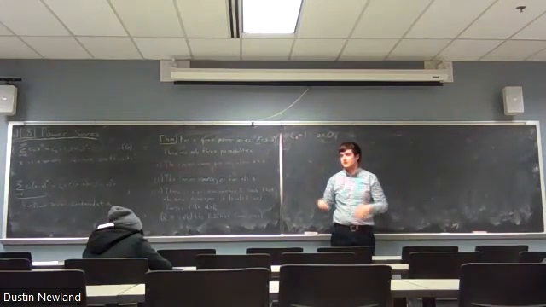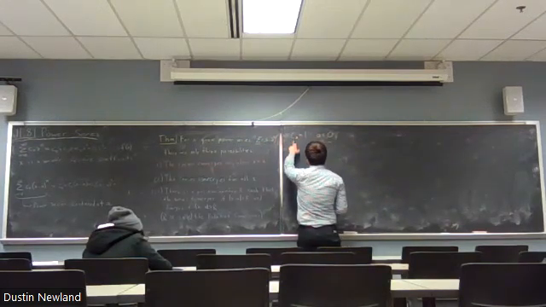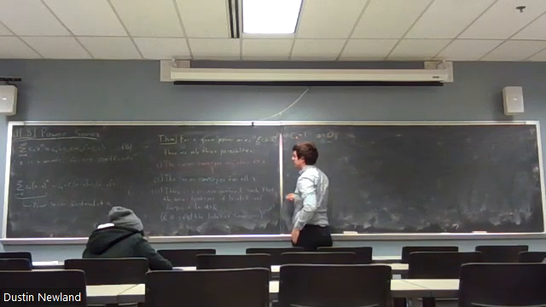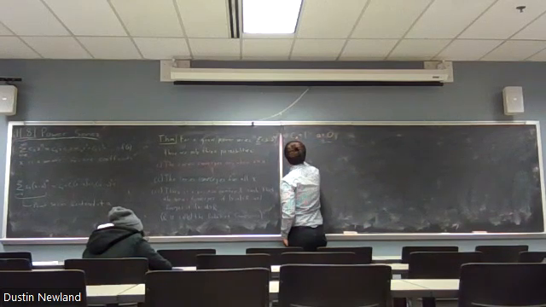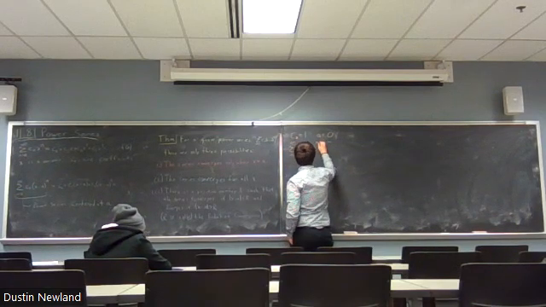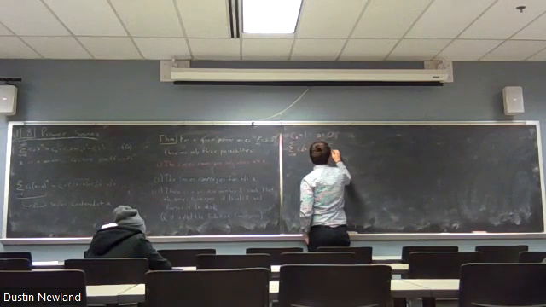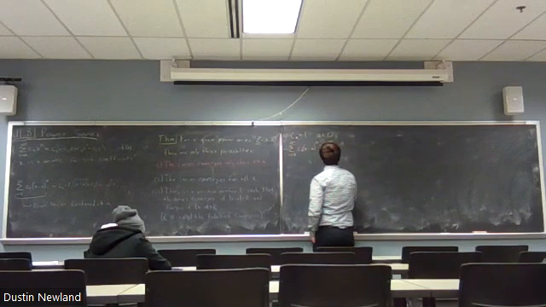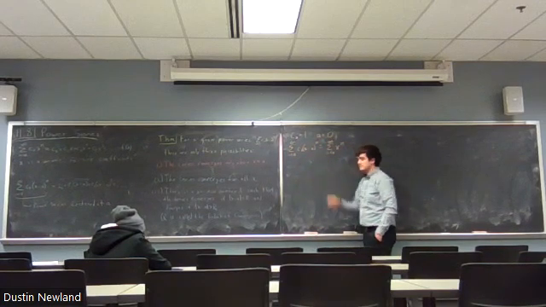So if I let cn be 1 for all n and let a be 0, then my power series is simply going to be x to the n power, right? cn is 1 and a is 0.